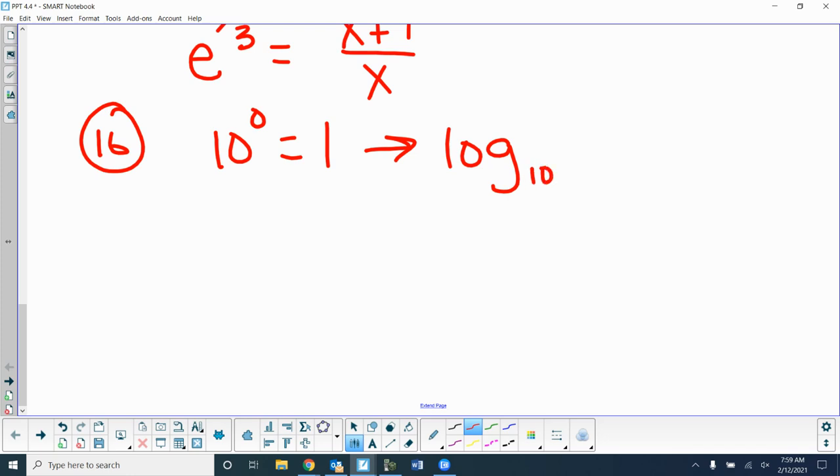Log of the number equals the exponent. Okay, so you can do log base 10 of 1 or just log of 1. Because when we don't write the number, that's base 10, we're supposed to know that. Okay, number 20 was another base 10 one. 100 equals 10 squared.